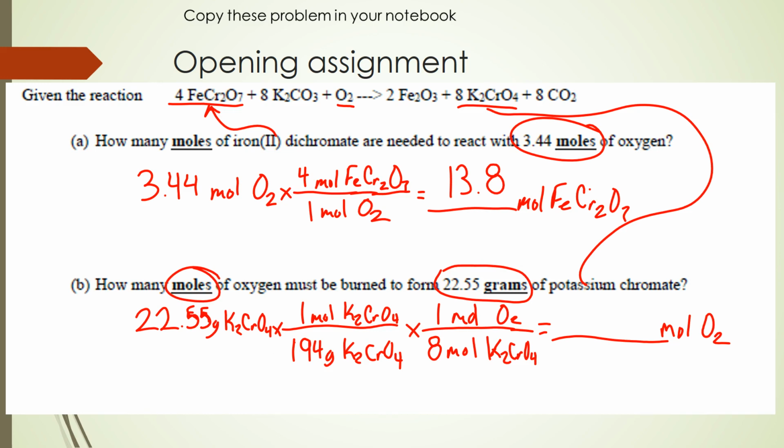On the test, the units will not be underlined and bolded like that. I'm just trying to help you start seeing where to look. Should get a very small number. What should our answer be? How many sig figs should it be? It should be 4 sig figs.